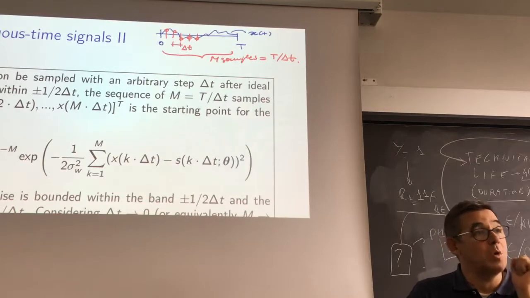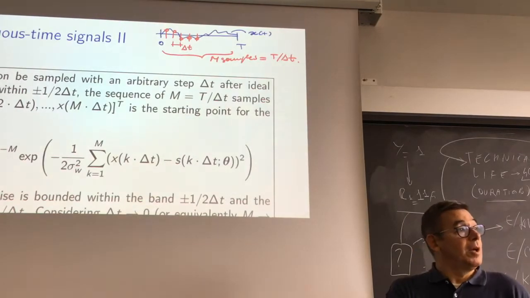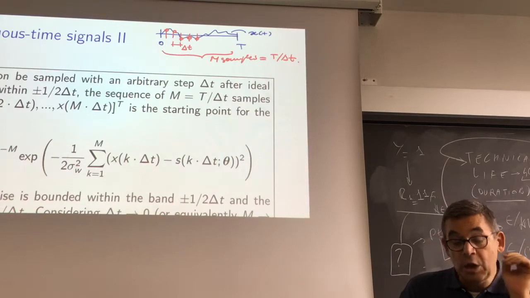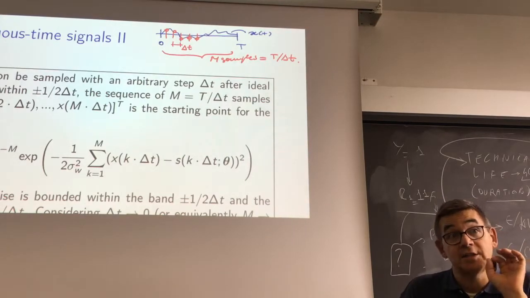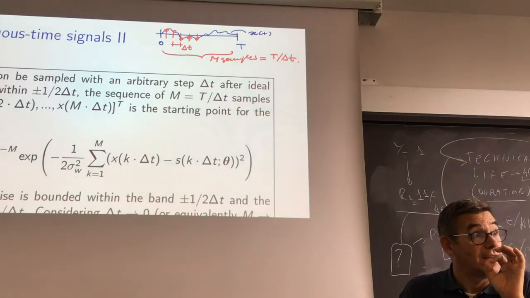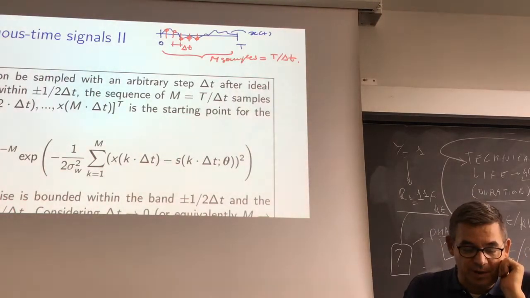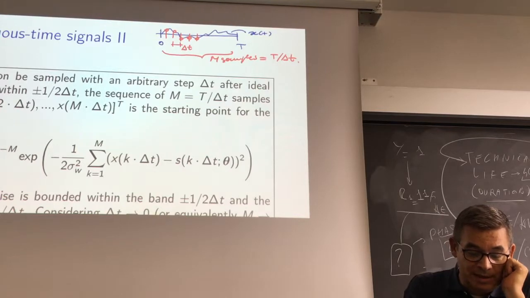Now, if I put it this way, you can solve the problem, because this becomes discrete time. Remember, I'm not saying what delta t is. So that's the trick. Step number 1, I'm sampling the signal. I'm deriving the maximum likelihood estimator for M samples.